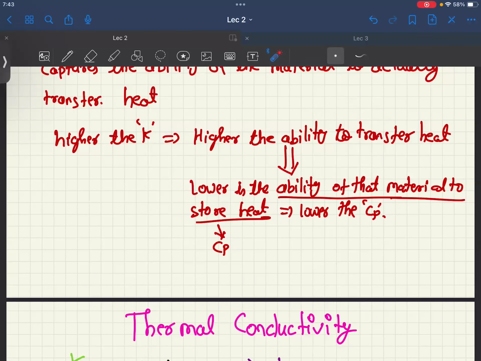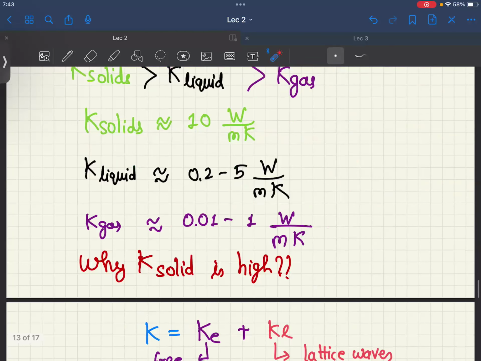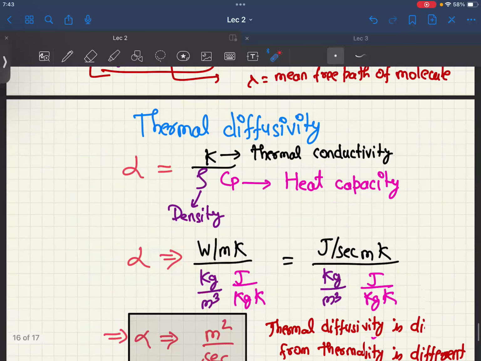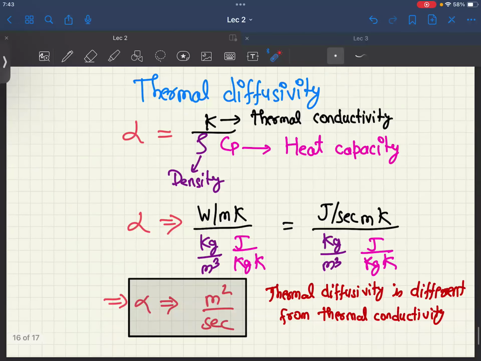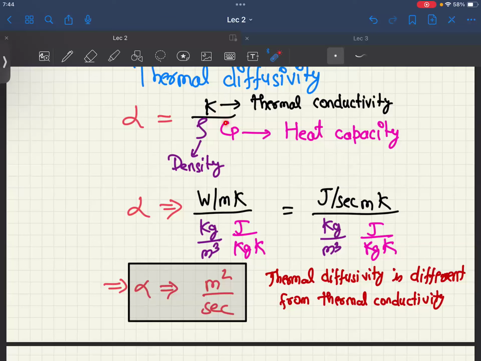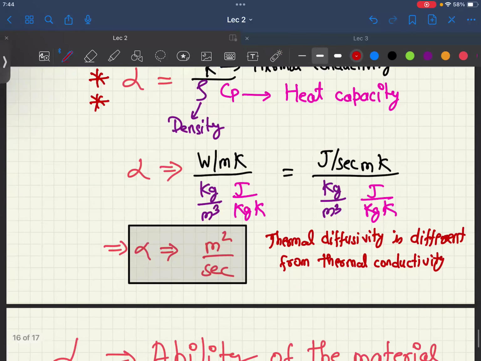So thermal diffusivity is nothing but a ratio of that. This is very important.